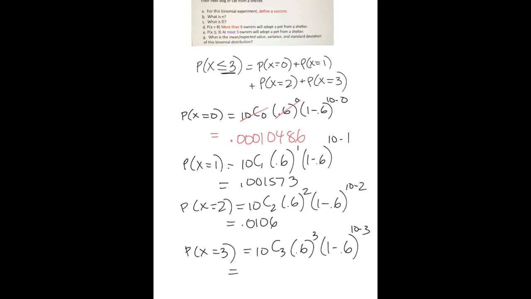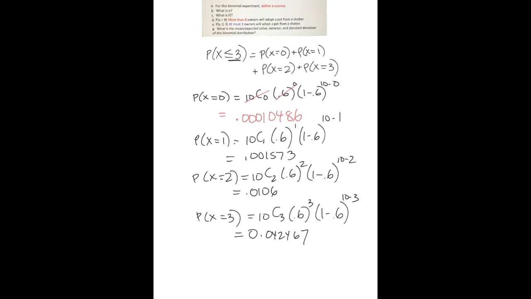And once again, after some work, we get 0.042467. So to find the probability that X is less than or equal to 3, we have to add up all of these probabilities that we calculated in the previous step, and we find that the total is equal to 0.05476.